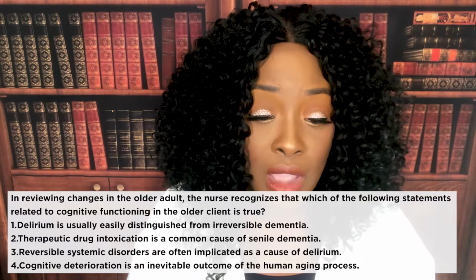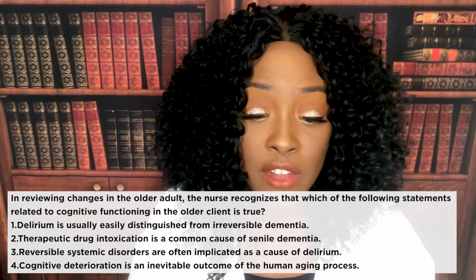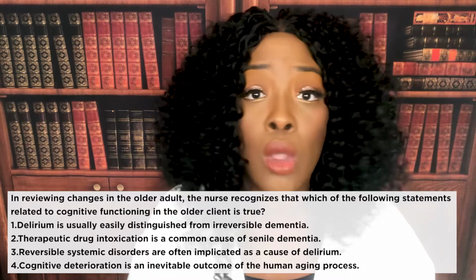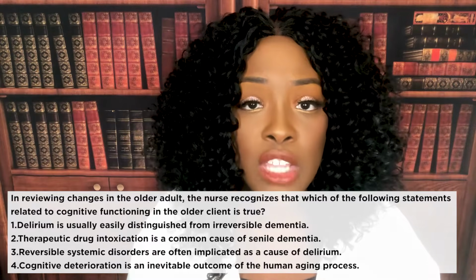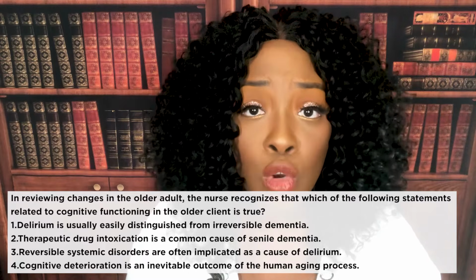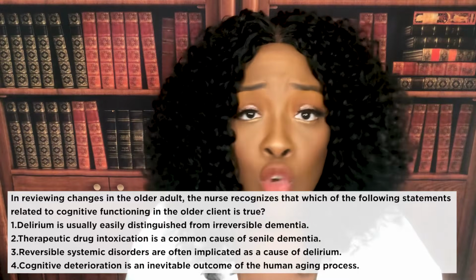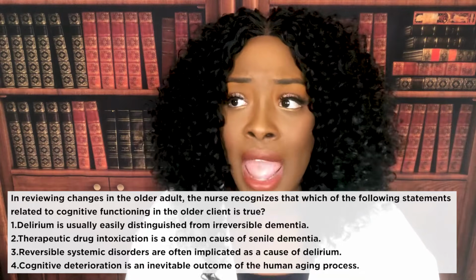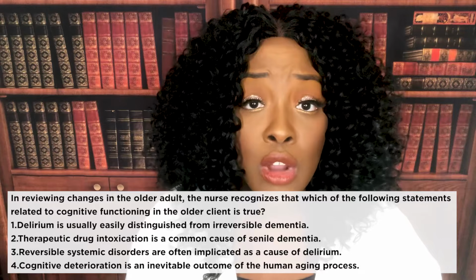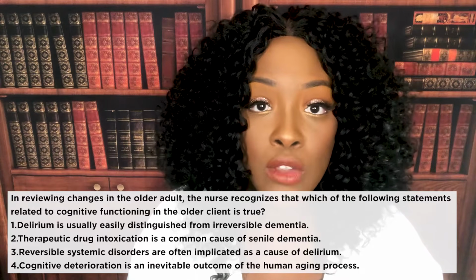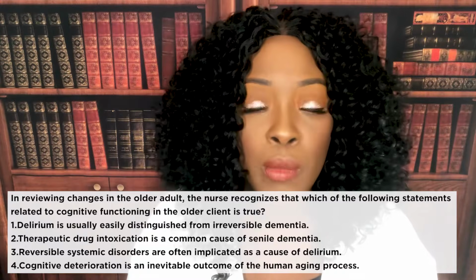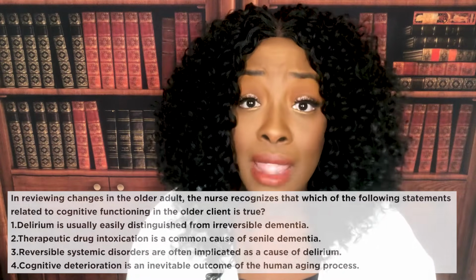Number 4, cognitive deterioration is an inevitable outcome of the aging process. No, this is not a normal outcome of the aging process. This is abnormal. Having dementia is not a normal part of aging. So any patient that you see a change in their cognition, that warrants attention. That warrants more assessment. Don't just think that it's normal because they're elderly, because that's not the case.